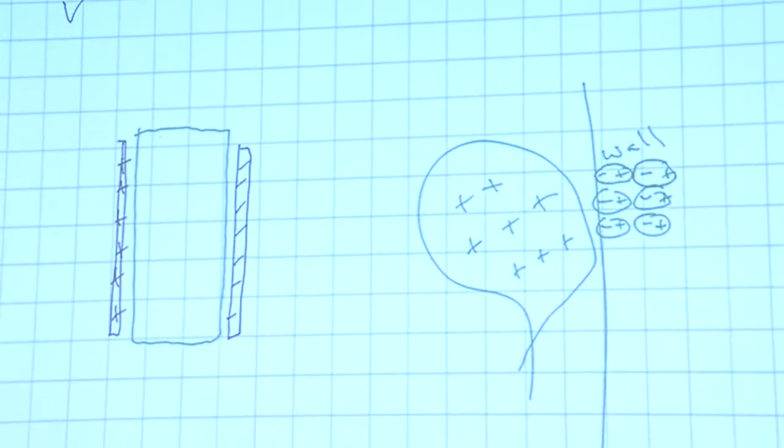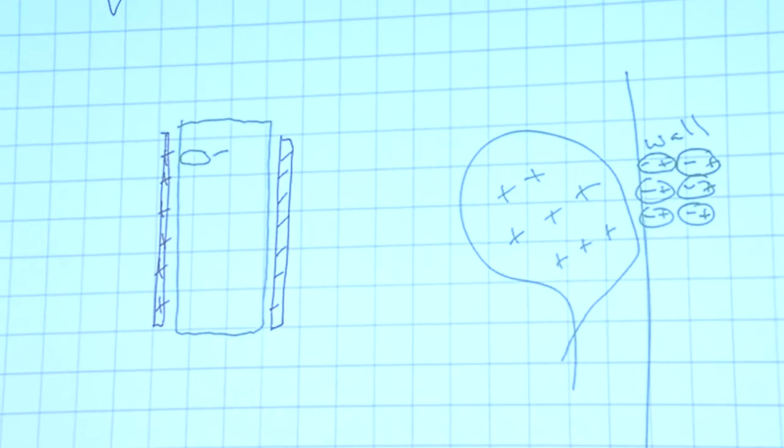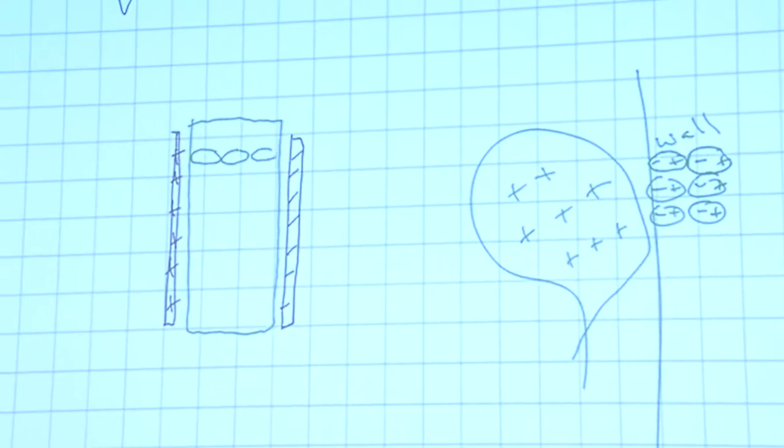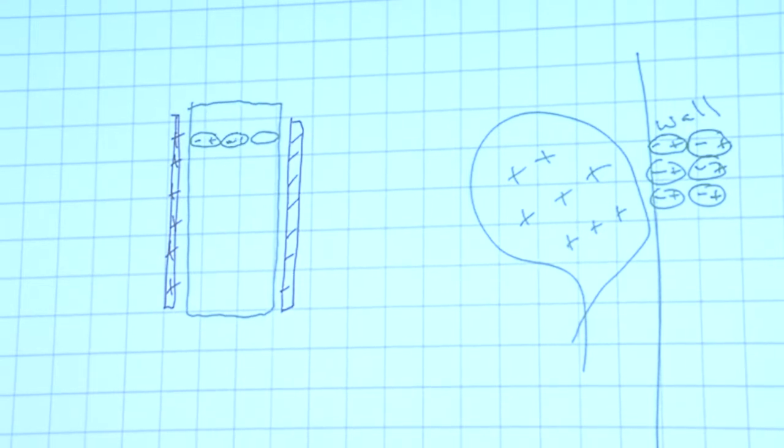So I'll make my atoms here, my molecules, I'll make this 3 molecules across. So the electron cloud shifts a little bit on this one, and on this one, and on this one. Each molecule, the electron cloud shifts a little bit. And in the center, everything kind of cancels out.